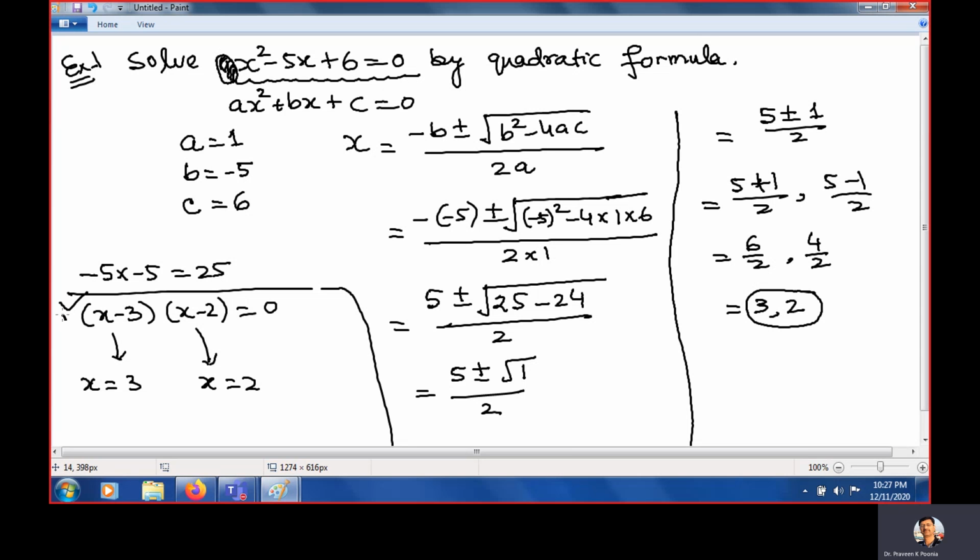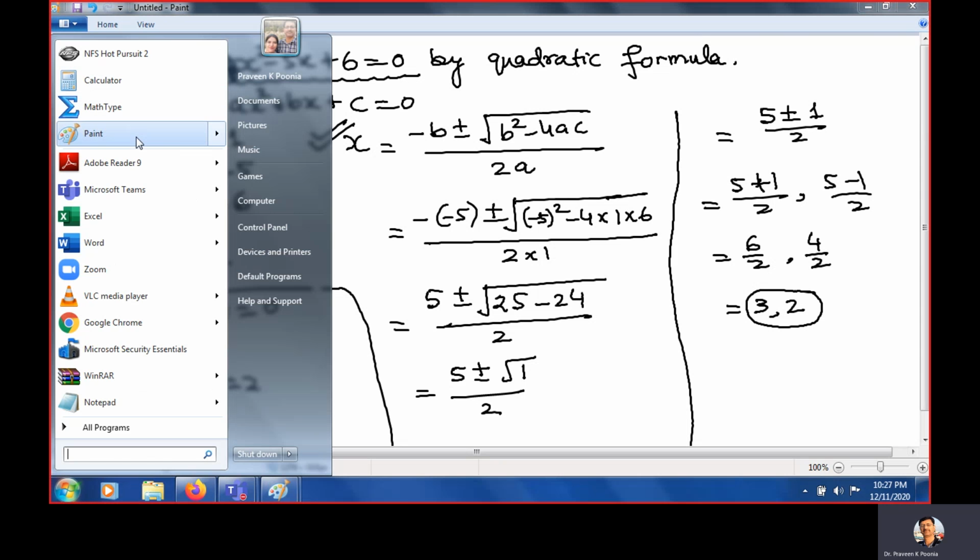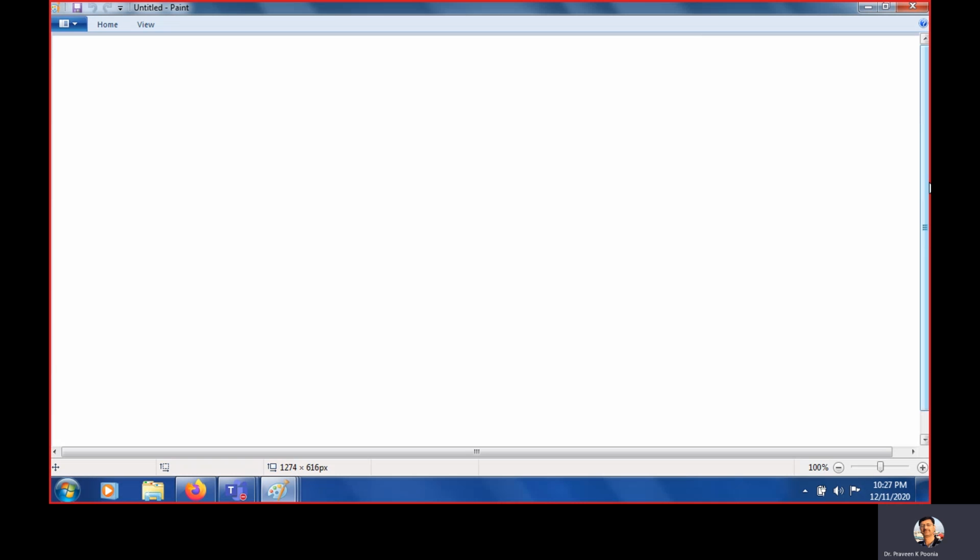By factorization you can do it, or use the general method. General method means for every quadratic equation this method works. This method is supreme; no need to study anything else. You just use it and you will find the answer.